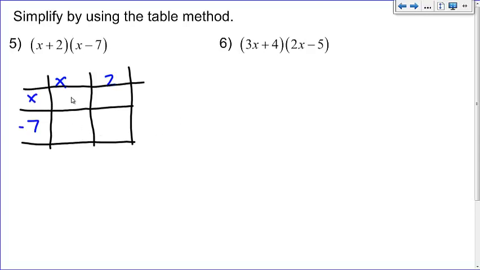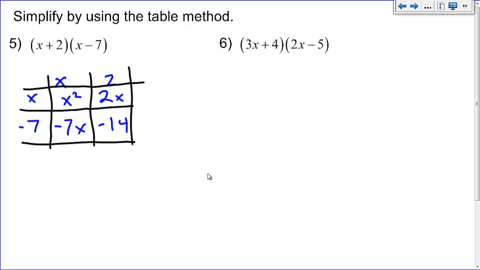All right, so the first box comes from doing x times x, which we know to be x squared. This box comes from x times 2, so that's 2x. This box is negative 7 times x, and then we'll have a negative 14.